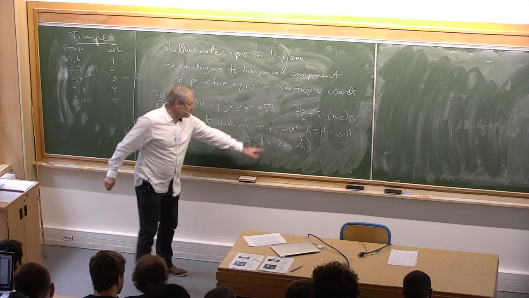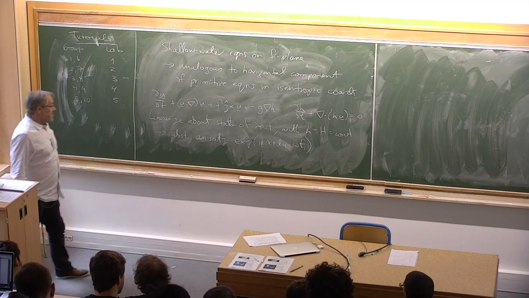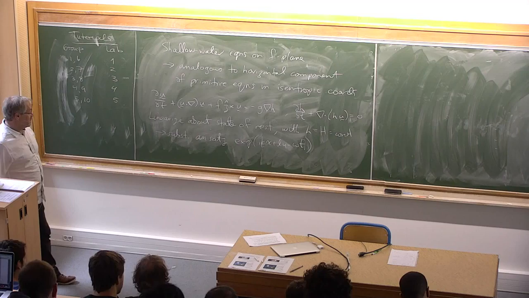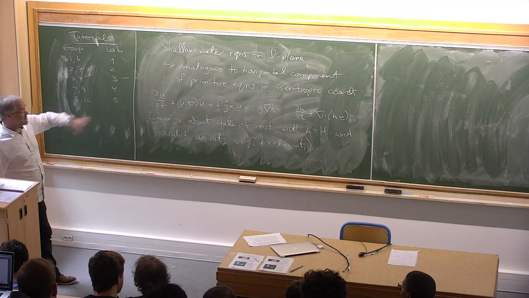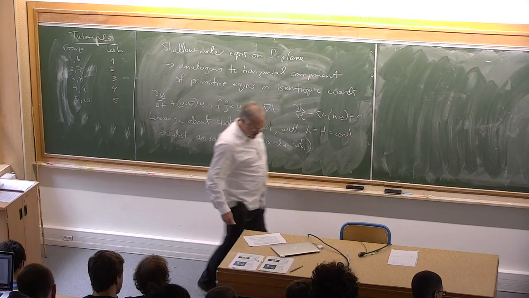So k is an x wave number, l is a y wave number, omega is a frequency. The system is autonomous in time, and it has no dependence on x or y, so you can always assume these kinds of solutions.